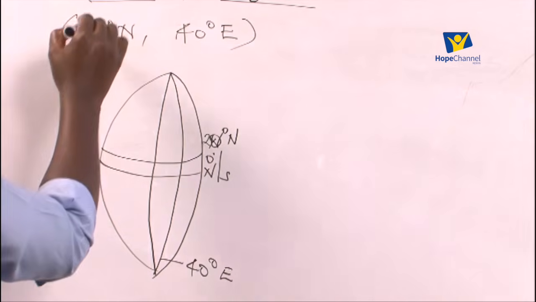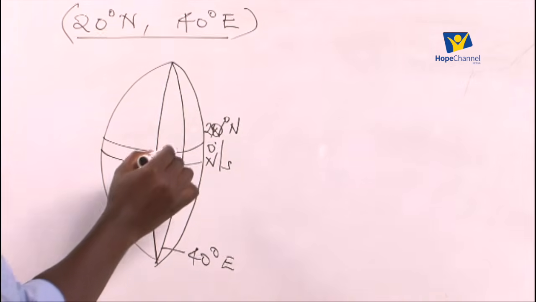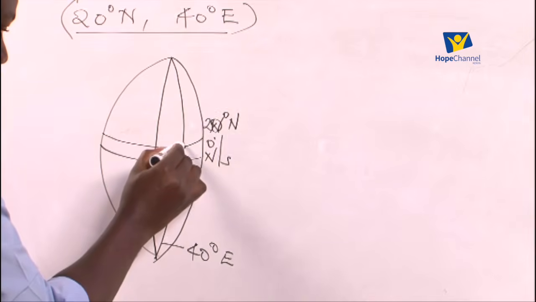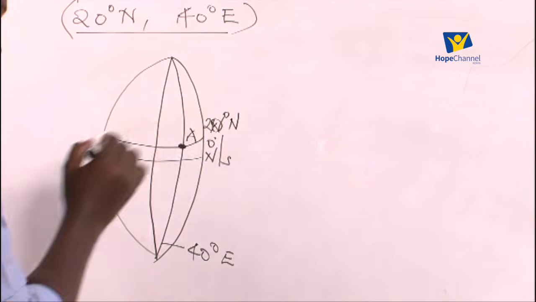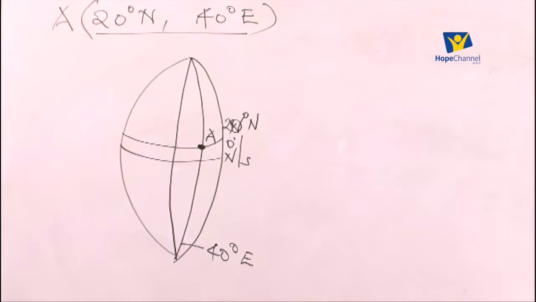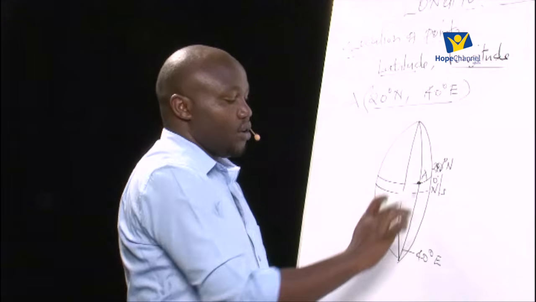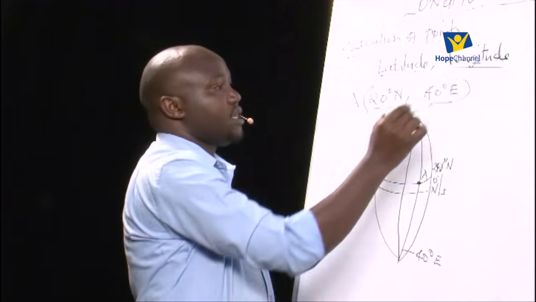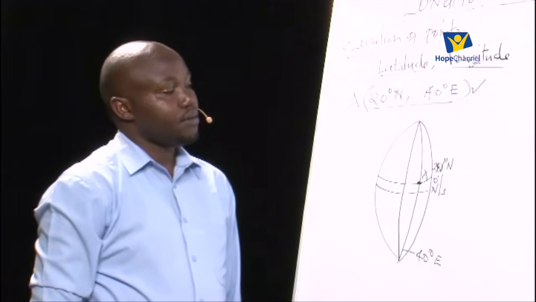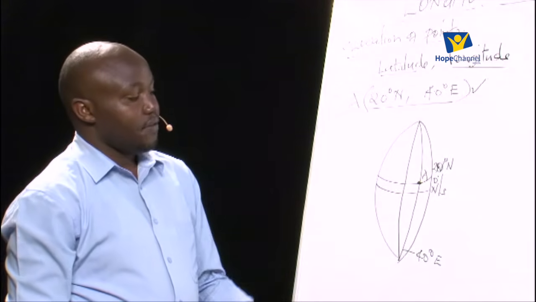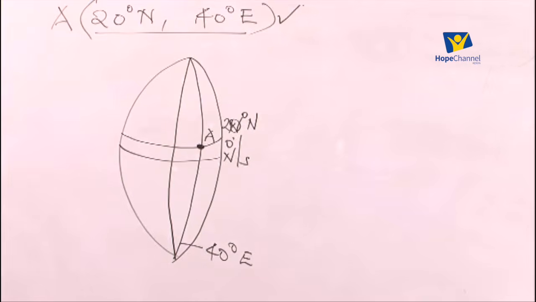Therefore, the location of this point is the point of intersection between the two lines. That is my A, if that was A. So the intersection of the latitude and the longitude, where they meet, marks the location of that point: 20 degrees north, 40 degrees east.